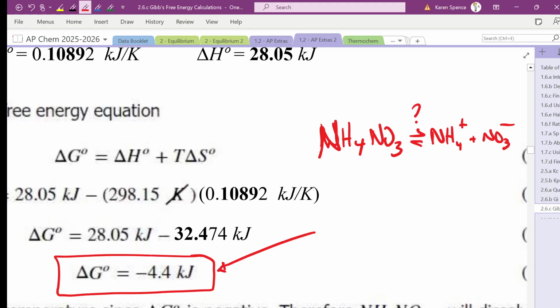Does it dissolve? Yes, because it's got a negative value, so it is spontaneous. Now, did you need to calculate delta G to find that? No, because do you know your solubility rules? What do you know about ammonium salts?